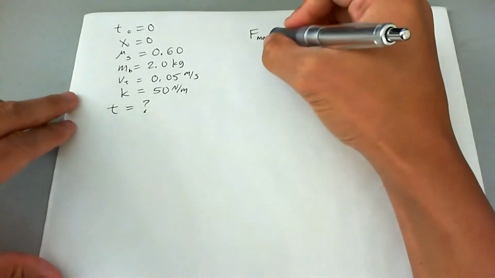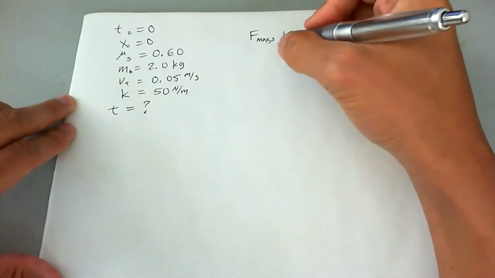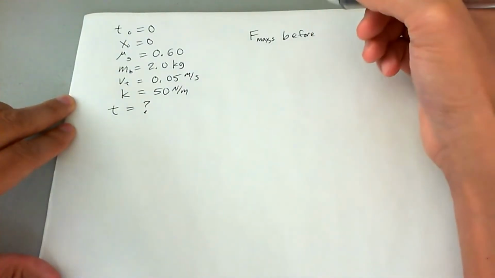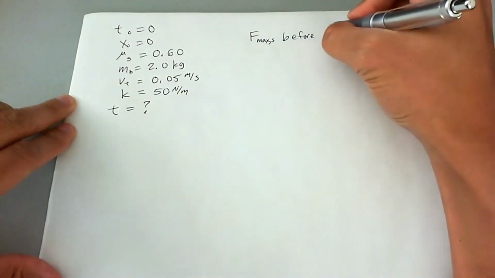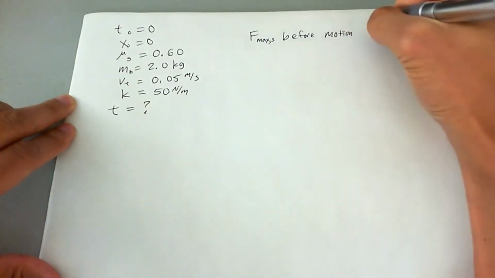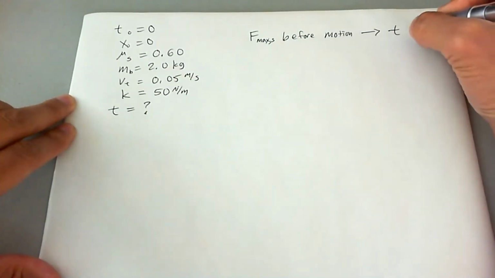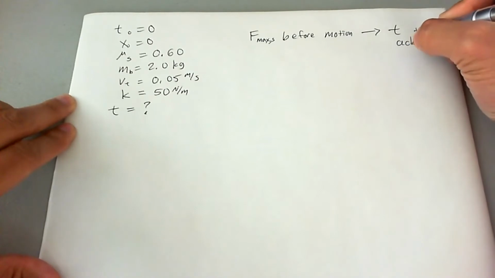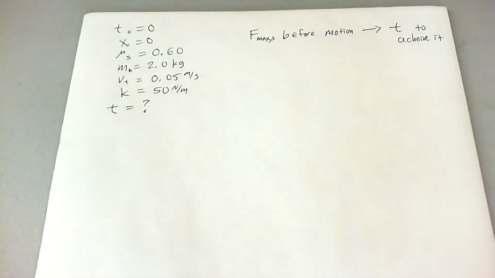I want to know what max static friction can keep the block from moving before it budges. So max static friction before motion, and then perhaps I can use that to see how much time it took to achieve it. That's my game plan, and let's see if it works.